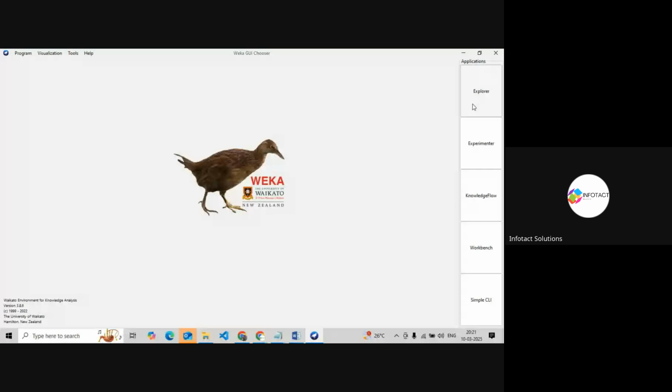Let me tell you. You all know Weka is an open source software suitable for data mining, data pre-processing, and machine learning algorithms without any prior coding knowledge. It provides a collection of machine learning methods for data pre-processing, classification, regression, clustering, association rule mining, and visualization.